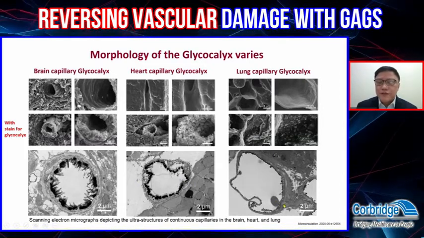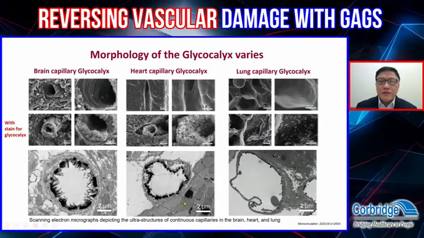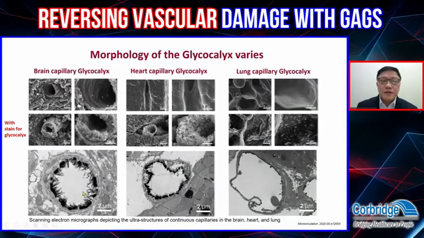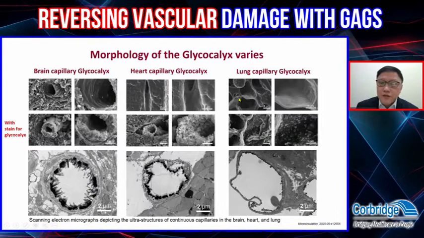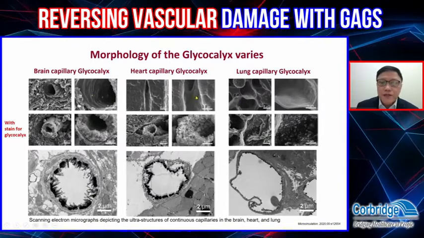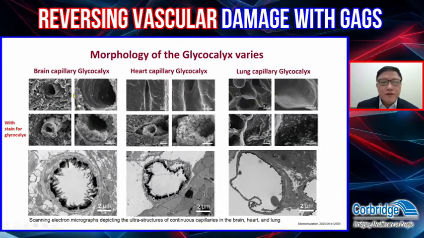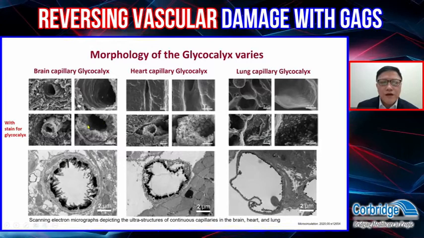It is thinnest in the lung capillary, medium in the heart capillary, and thick in the brain capillary. You can see also on the top pictures the structure of these capillaries without staining of the glycocalyx. But when you stain the glycocalyx, look how thick they are.